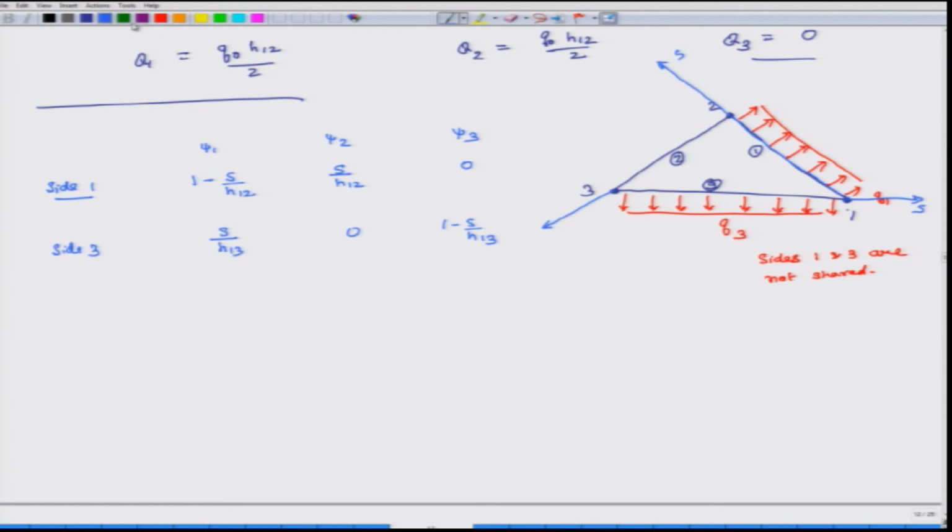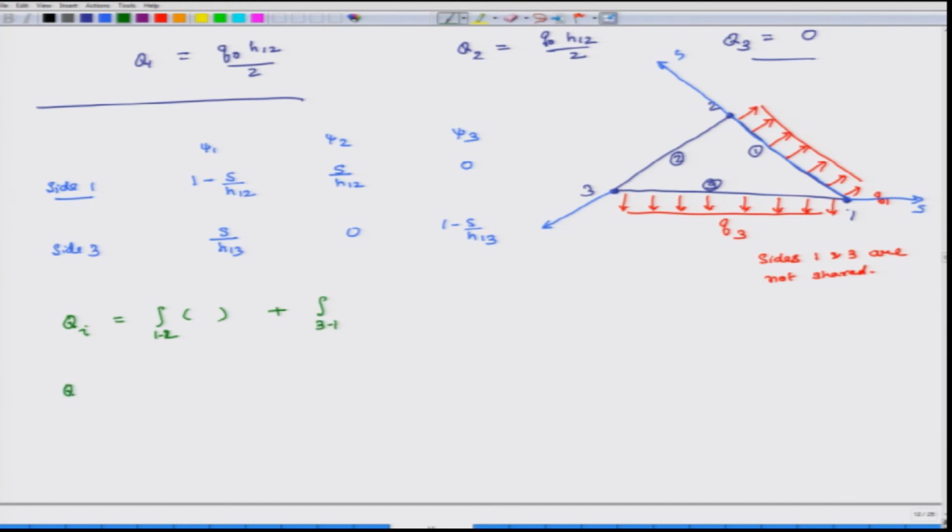So, now if I am interested in calculating Qi, what will I do? I will integrate it from 1 to 2, and I will also integrate it from 3 to 1, okay.